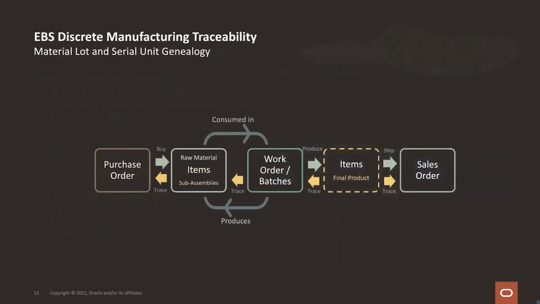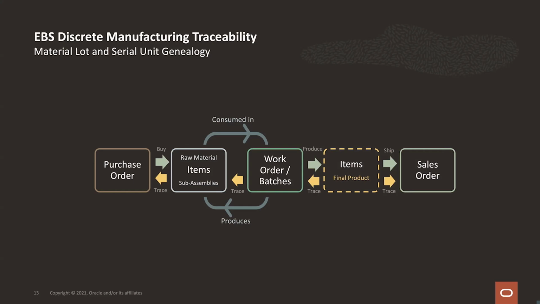So let me, before I launch into the demo, just set the context here a little bit. Of course, in manufacturing we use purchase orders to buy lots of material. And when those lots come in, those are lots of items, and those are then consumed in work orders to build assemblies, which then themselves become items and can be consumed in further work orders.